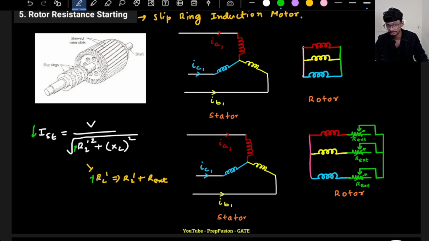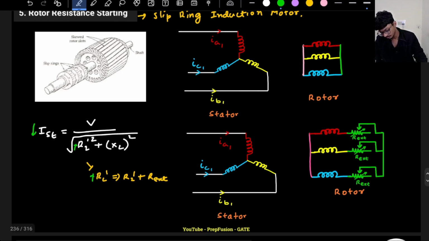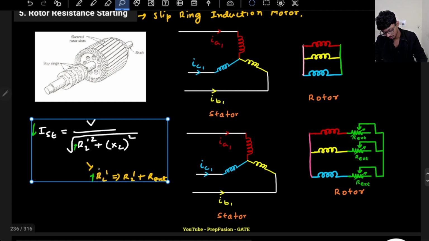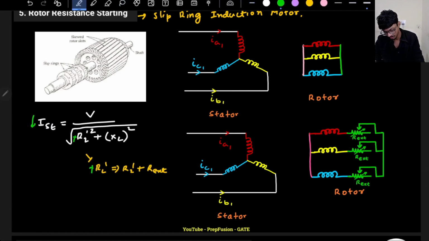Do you remember the torque speed characteristics? If you remember, the torque speed characteristics was somewhat like this. This is the torque, this is the speed, basically torque slip characteristics, slip or speed, whatever you want to say.